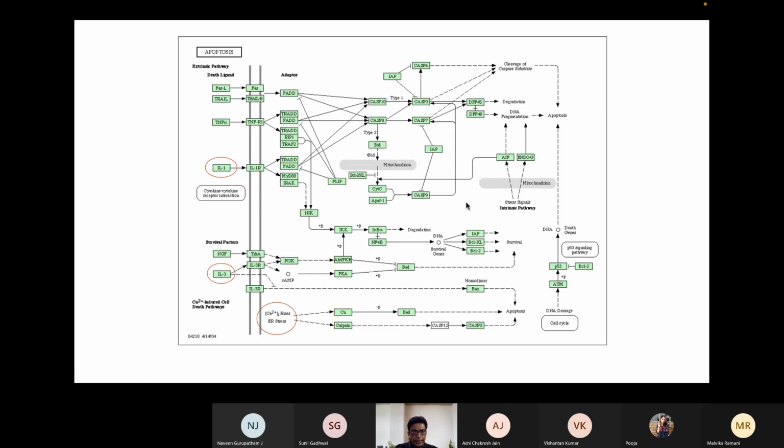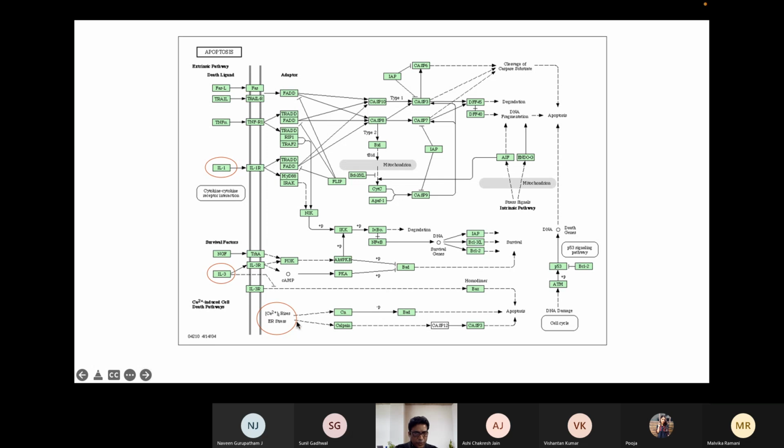All right, and if you look at apoptosis in detail, you'll find that you have IL-3, which will bind to the IL-3 receptor, and if you move down that, you'll find that it gives you a survival signal.